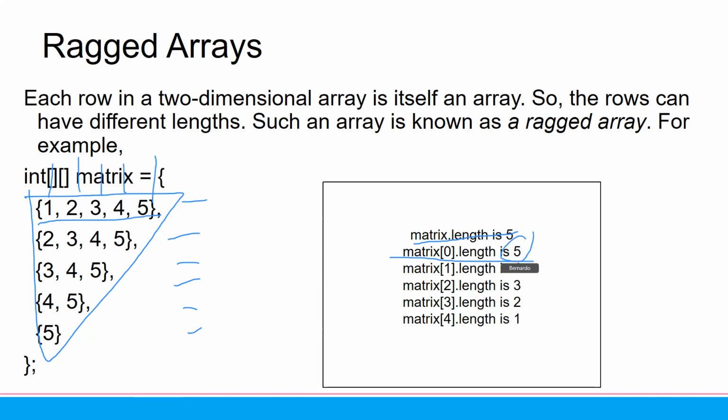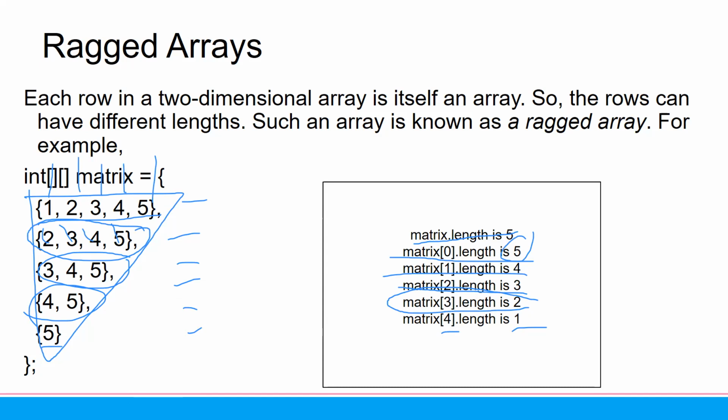What is row 1? We have 4. In index 2, we have 3. In index 3, we have 2. In index 4, we have 1. So they are different.